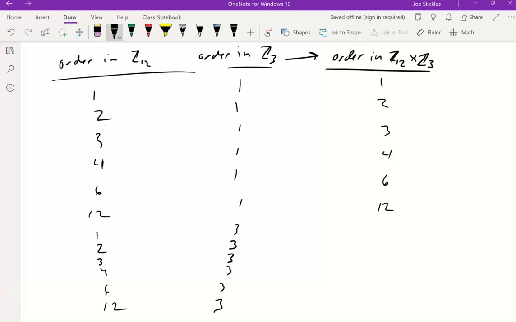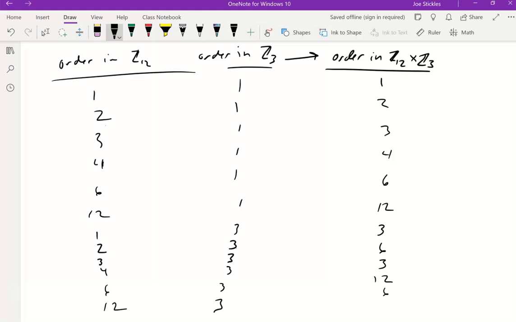1 and 3 paired together give you 3. 2 and 3 paired together give you what? 6, because it's the least common multiple again, right? 3 and 3 paired together will give you 3. 4 and 3 give you 12. 6 and 3 give you 6.